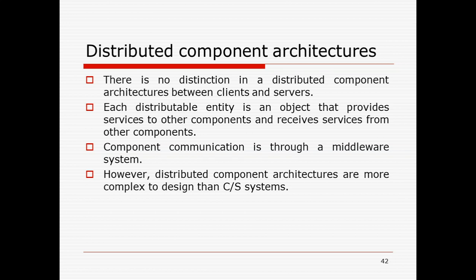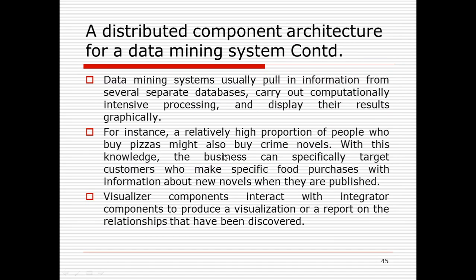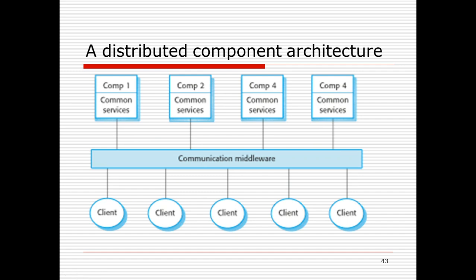These distributed component architectures are more complex to design than the client server architecture. You can see the architectural diagram of a distributed component architecture. So these are component 1, component 2, component 3, component 4, and all provide some common services through the middleware to the client. That is what the distributed component architecture is showing here.